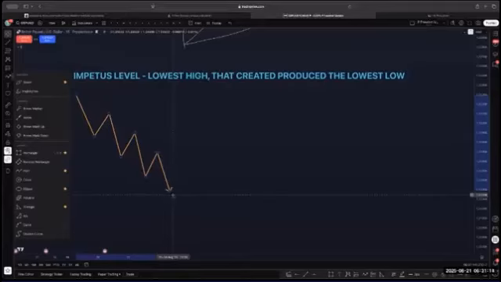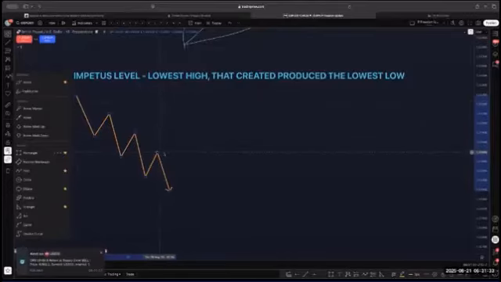Now, there are some nuances to this, and we will get into this, which is really how to know which one is the lowest high, right? You might think, oh, this is logical. This is definitely logical, Chuck, that this is the lowest high, but sometimes it's not.